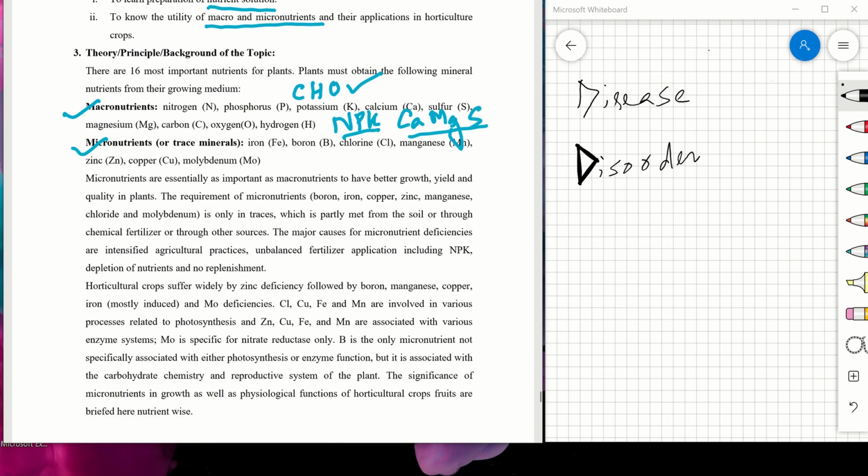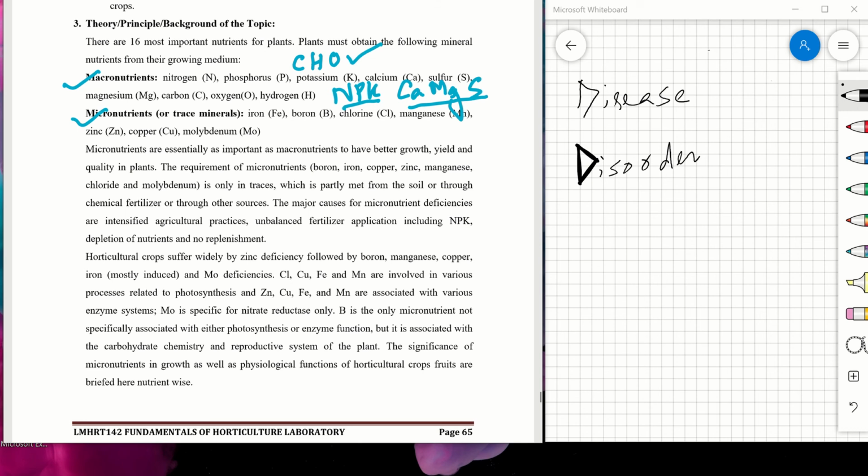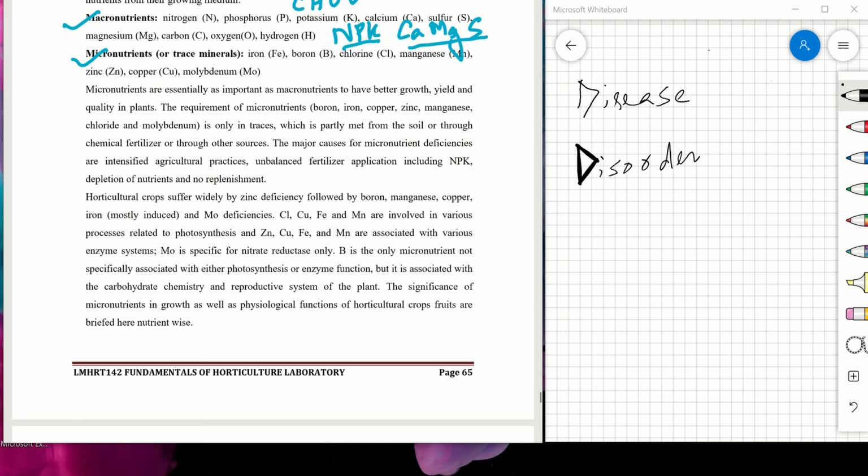Okay, so go to this literature. It's written in very simple language, you can understand this one. The most serious problem nowadays is that farmers unknowingly apply an overdose of fertilizer. They think that if they apply more fertilizer they will get a very good yield.